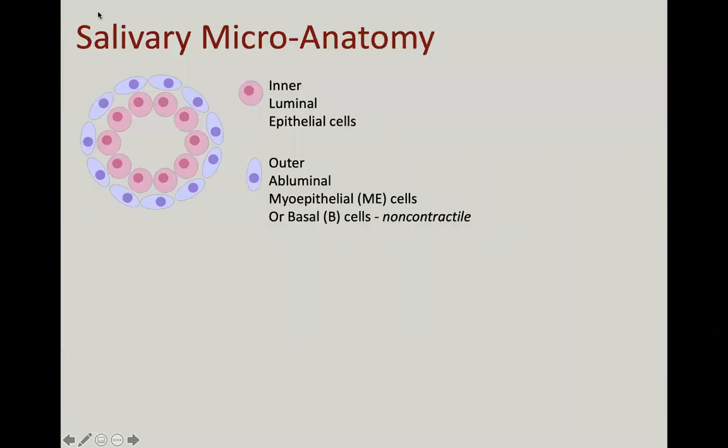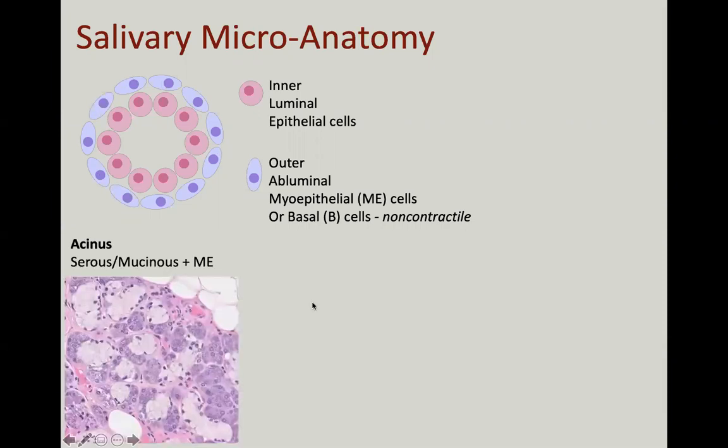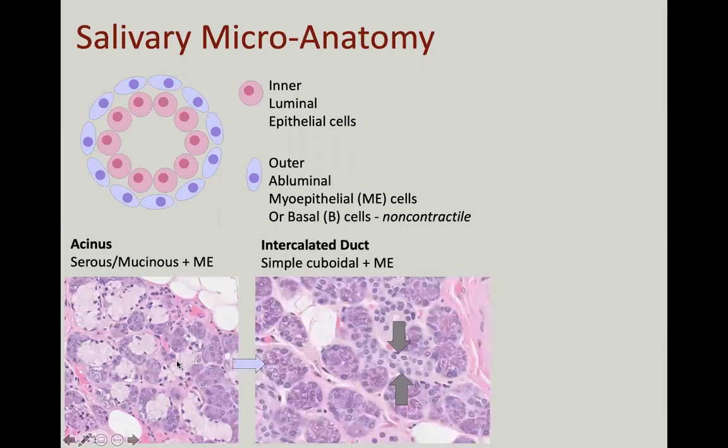So when we talk about the microanatomy of the salivary gland, this will help our immunohistochemical profile. The normal ducts, as well as the acini, have inner luminal epithelial cells, as well as outer abluminal, either contractile myoepithelial cells or just basal cells, which are non-contractile. The acinus is composed of either serous or mucinous cells plus an outer myoepithelial cell layer.